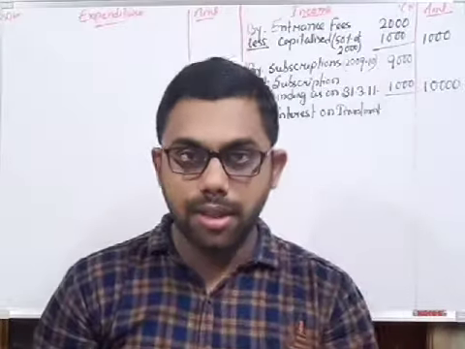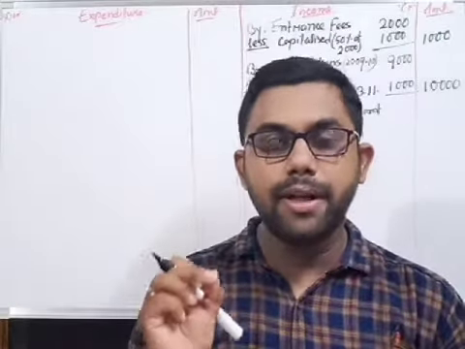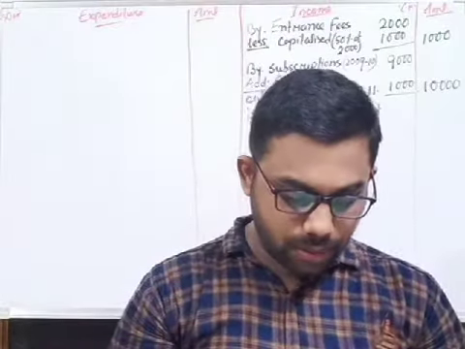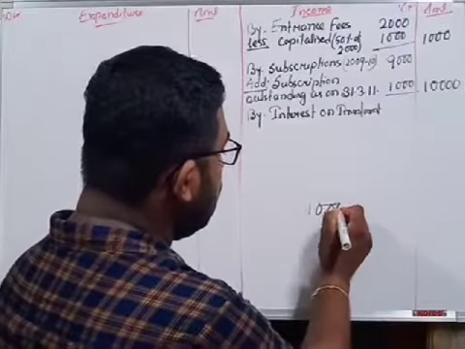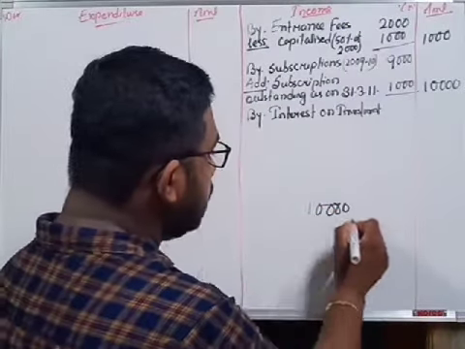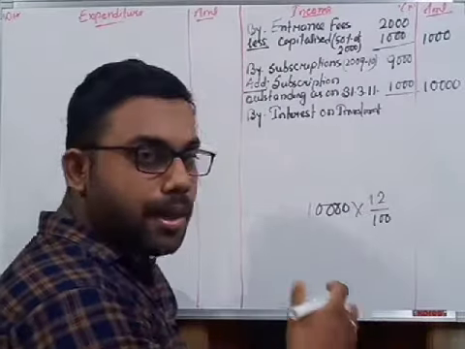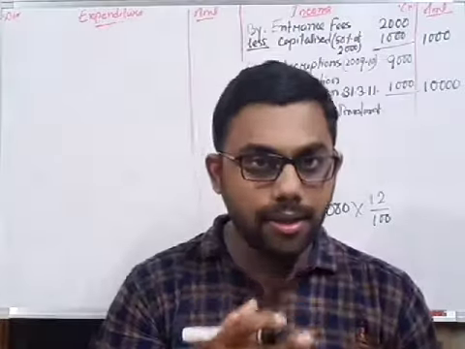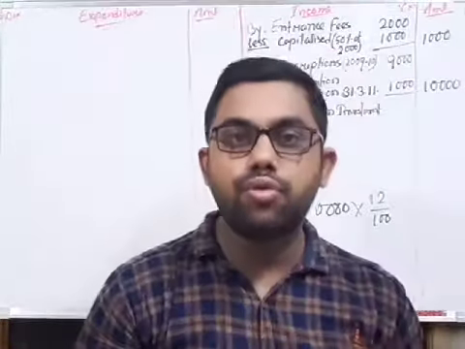In our receipts and payments account, on the payment side we will find an investment at the rate of 12%, rupees 10,000. That means on 10,000 they will receive interest at 12%, 12% per annum, so for 1 year they will receive 12% on 10,000.